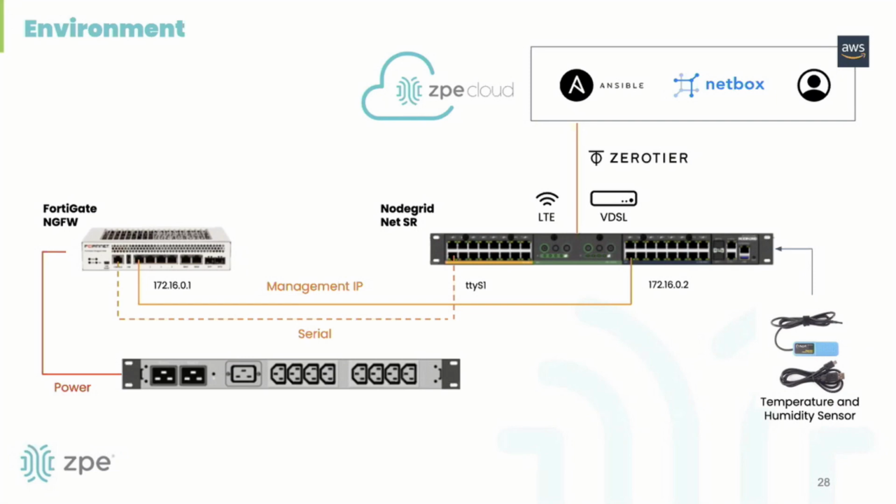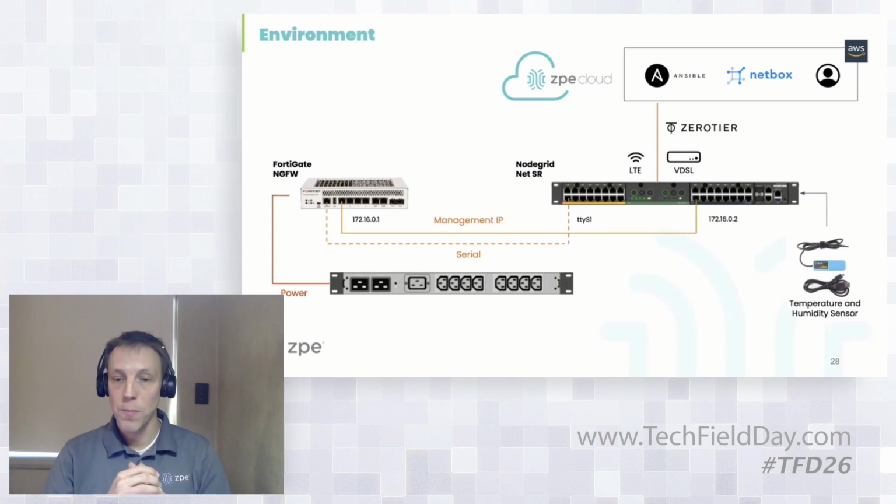We have a temperature and humidity sensor just to control and see what is actually happening in the environment itself. And then we have two dedicated out-of-band WAN connections. We have an LTE connection and a VDSL connection terminated on the Nodegrid NetSR, which is our modular appliance.